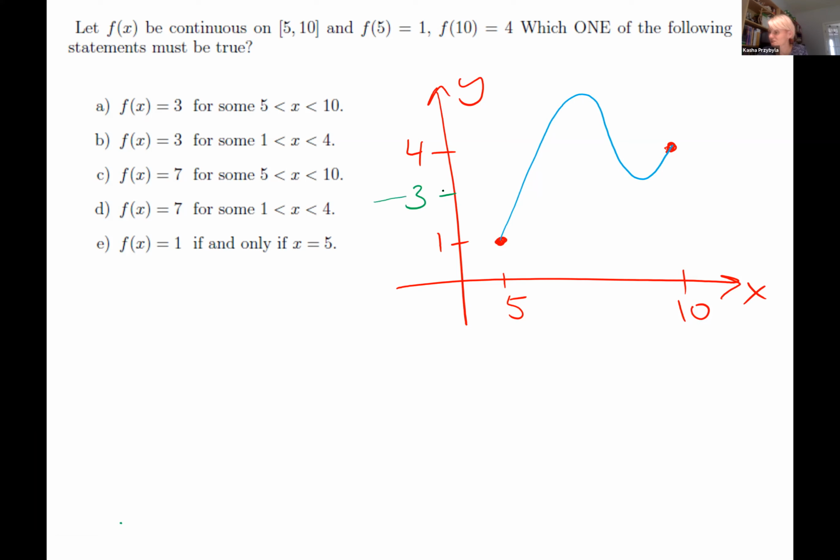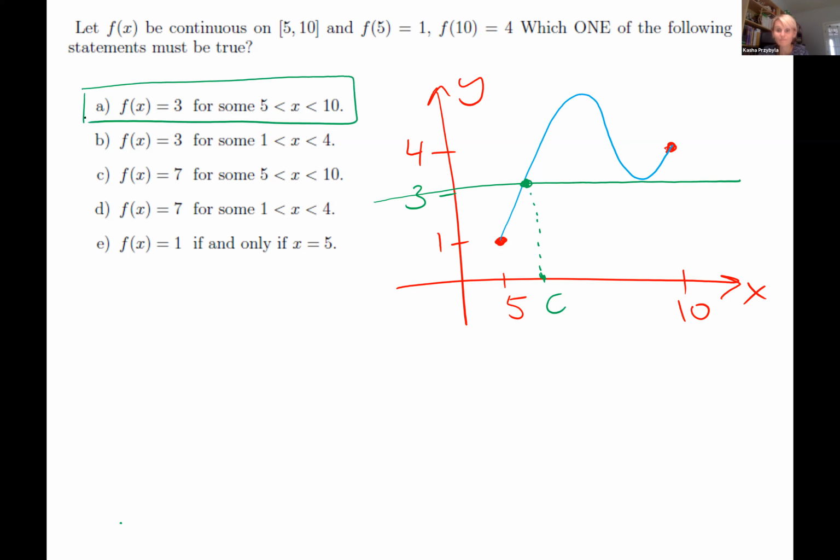If I draw this line, do you think this intersection is between 5 and 10? Yeah, that means this looks like a correct statement. But I will double check the rest of them, because it's like a logic of mathematics for some, so let's check.